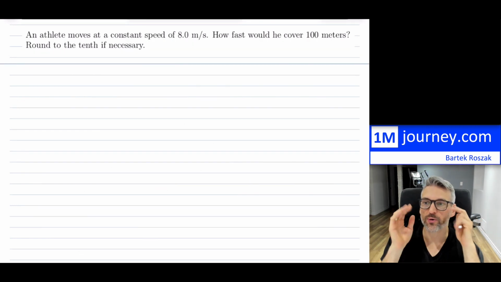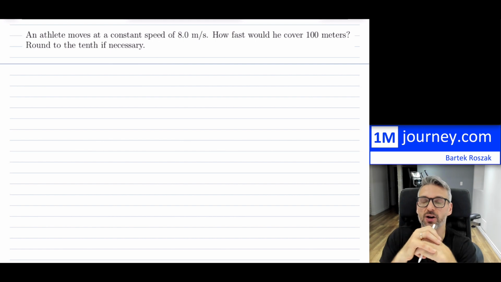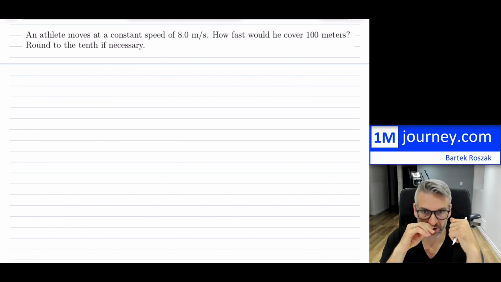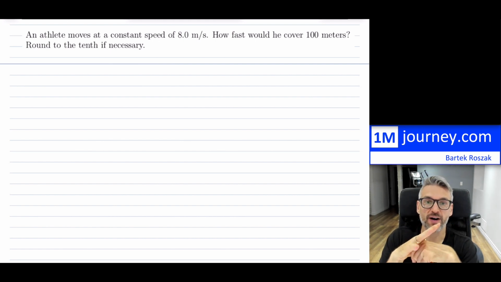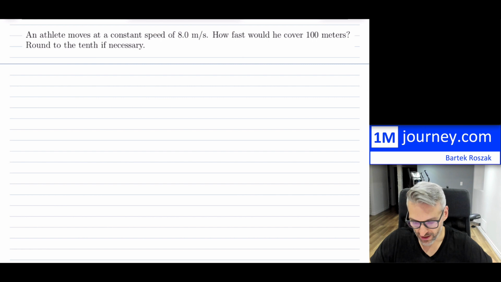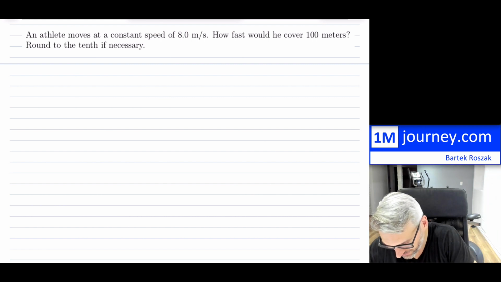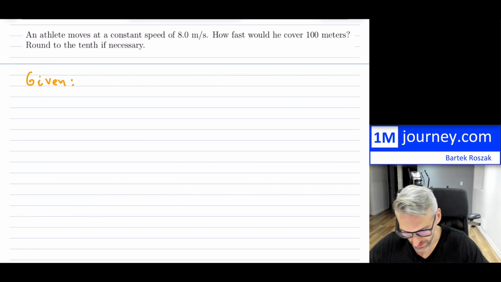All right, so another one. An athlete moves at a constant speed of 8 meters per second. How fast would he cover 100 meters? Round to the 10th if necessary. Okay, so this one is hopefully a lot easier, so we have to write down all of these given pieces of information.